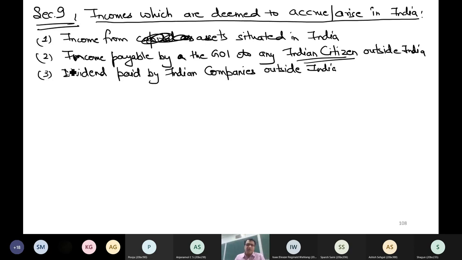So these are some of the examples. I will show you the bare act also. Fourth, income taxable under the head salary. That means practically salary income.